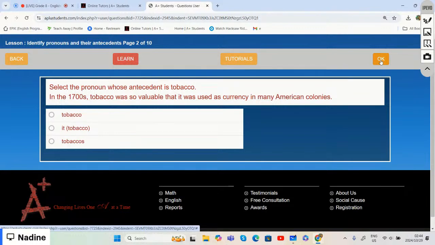We now need to select the pronoun whose antecedent is tobacco. Option 1, tobacco. Option 2, it. Option 3, tobaccos. Which one is correct? The pronoun that refers to tobacco.